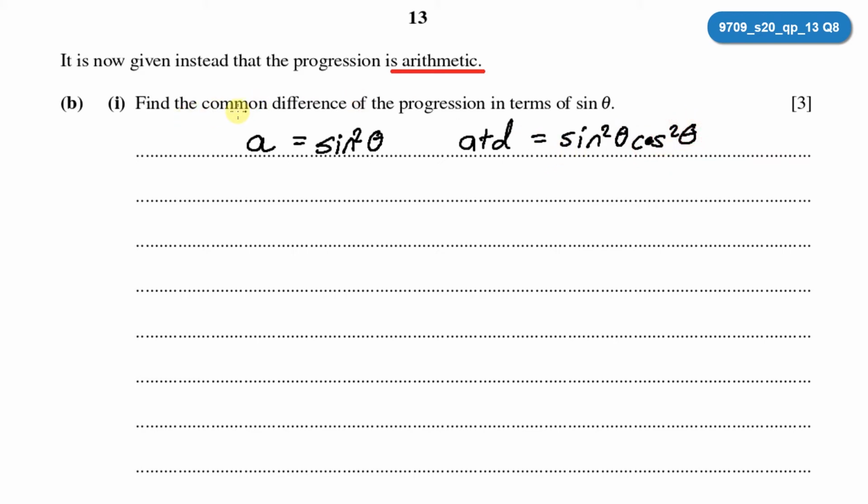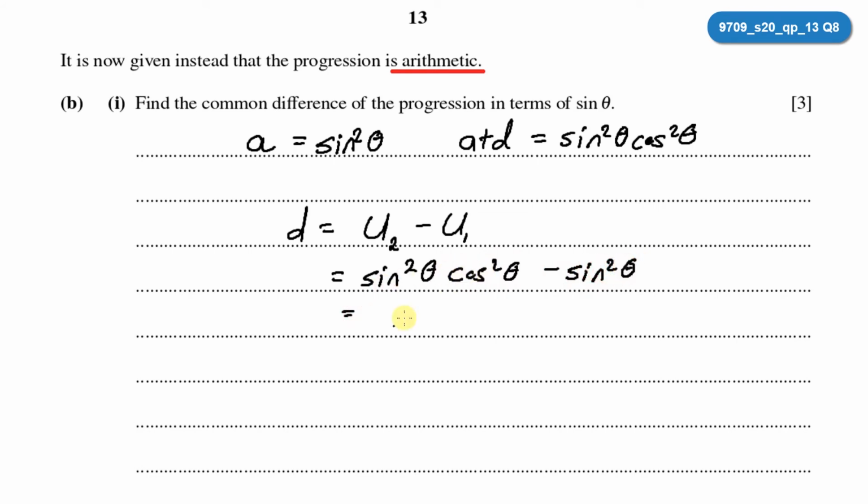So they say find the common difference of the progression in terms of sine theta. So to find the common difference, we subtract the second term, which is a plus d, minus the first term, which is sine squared theta. So that will be subtracting sine squared theta cos squared theta minus sine squared theta.